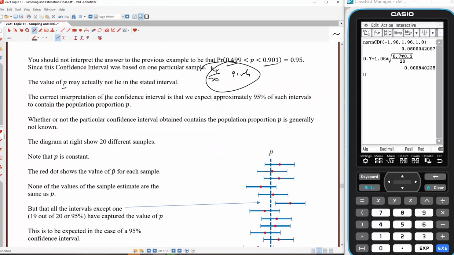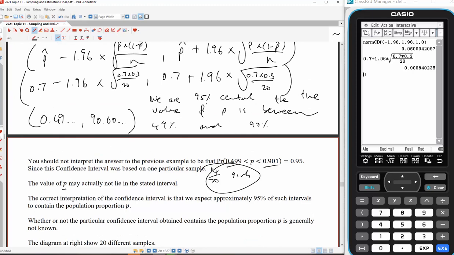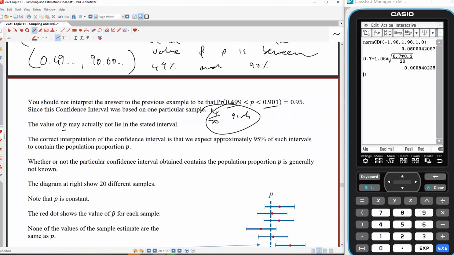So the correct interpretation of the confidence interval is that we expect approximately 95% of such intervals to contain the population proportion P. Okay, so if in this case here we are 95% certain that the value of P is between these two values, another way of looking at it is if we generated 100 intervals, 95 of them would contain the population proportion.